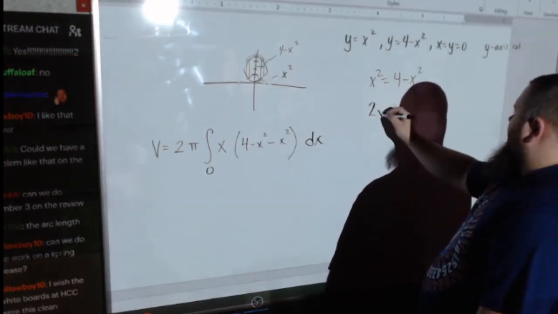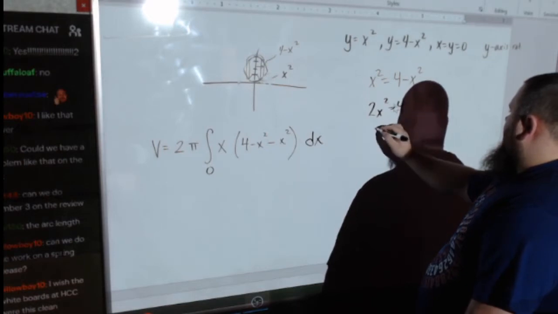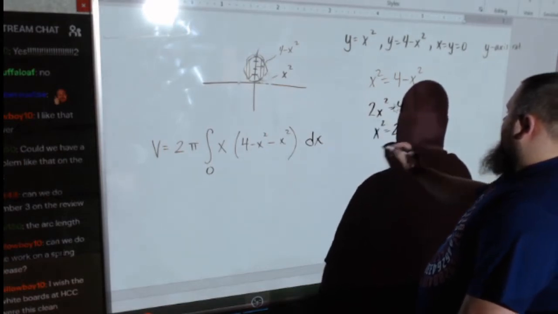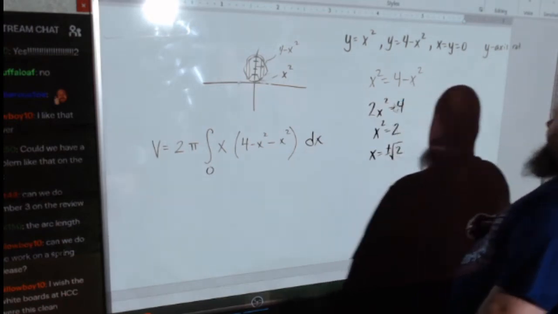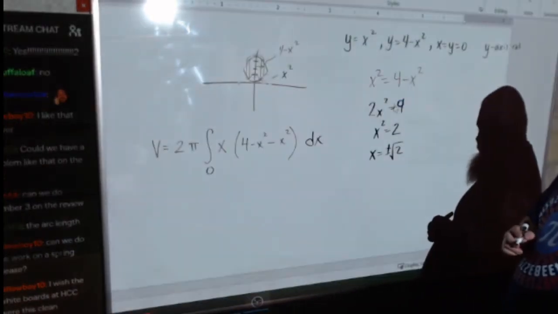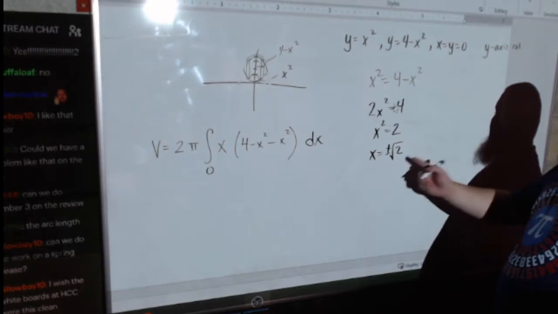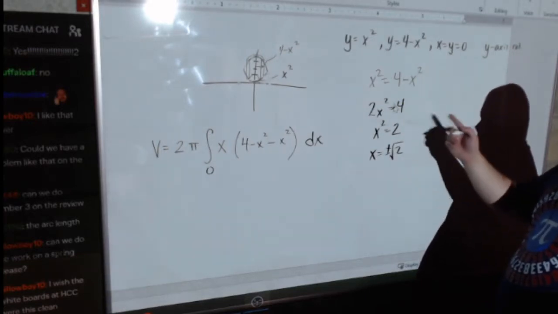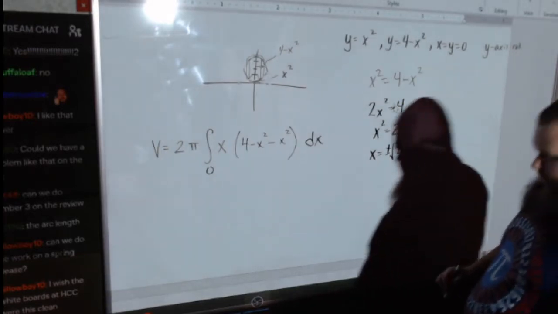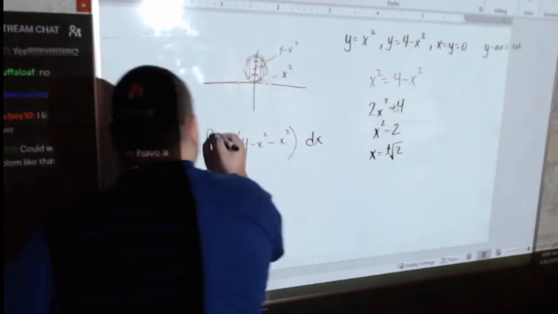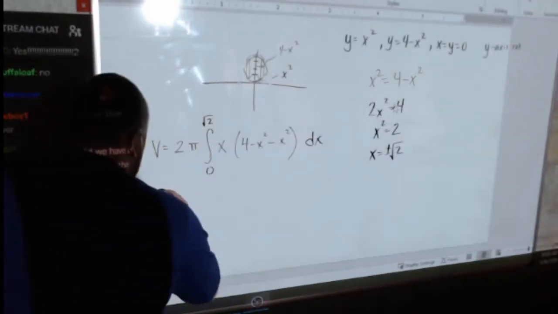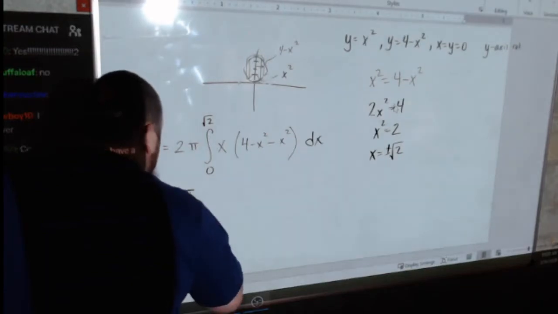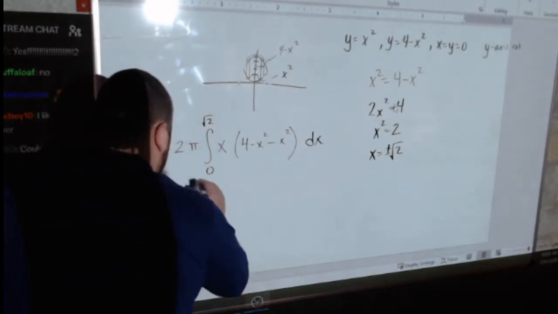So that's 2x squared equals 4, x squared equals 2, x equals plus and minus root 2. Obviously the plus, because that's the one in the first quadrant. So this bound would be square root of 2. So this is 2 pi integral from 0 to square root of 2.